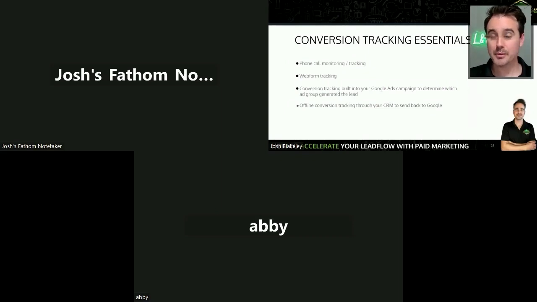Even better if your CRM has a method to note when you've gone out and done a bid for a customer, that can be sent back to Google. When you've gotten the sale, that information can be sent back to Google as a custom conversion, an offline conversion.